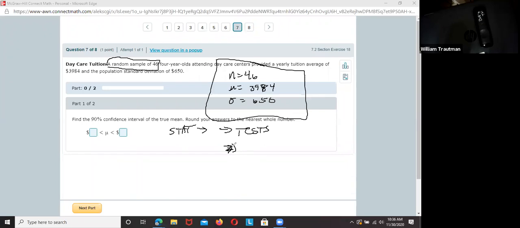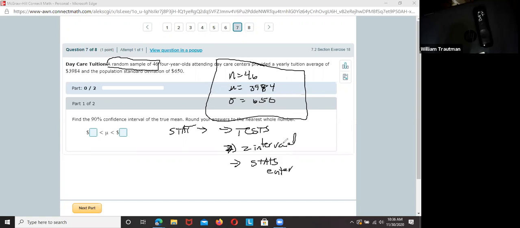Number 7, Z interval. And then we're going to go arrow over to stats. I'll show you this on the calculator here in a second. Hit enter.